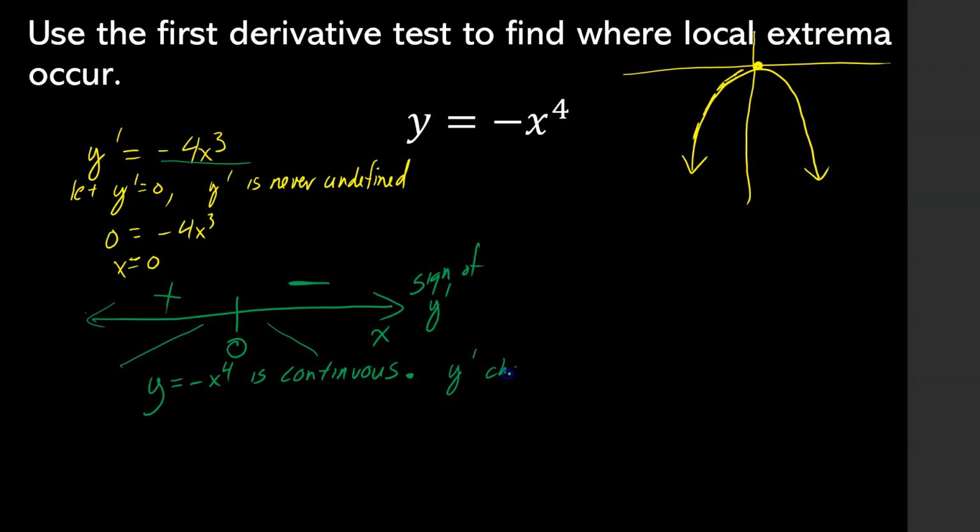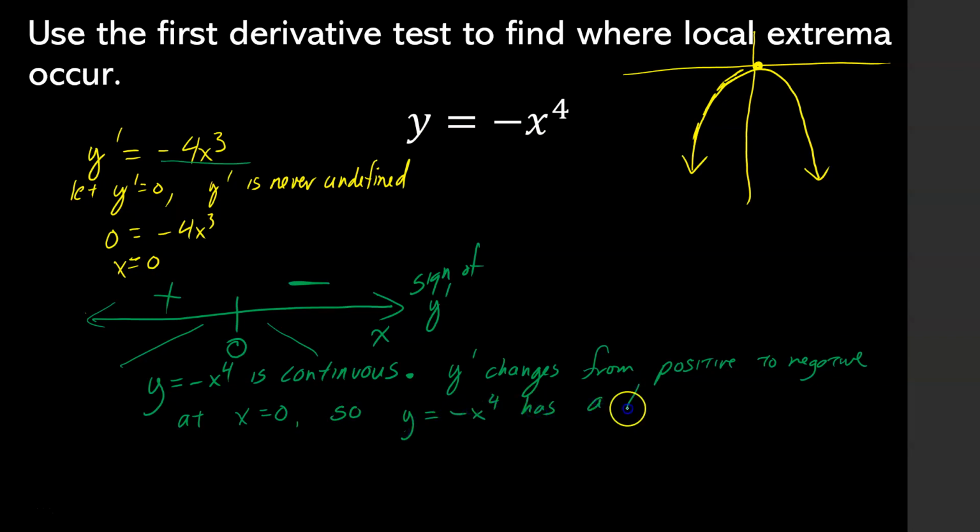Y prime changes from positive to negative at x equals 0. That's not enough. That's just a reason. So what do we know? So y equals negative x to the fourth power has a local maximum at that same spot. So at x equals 0.